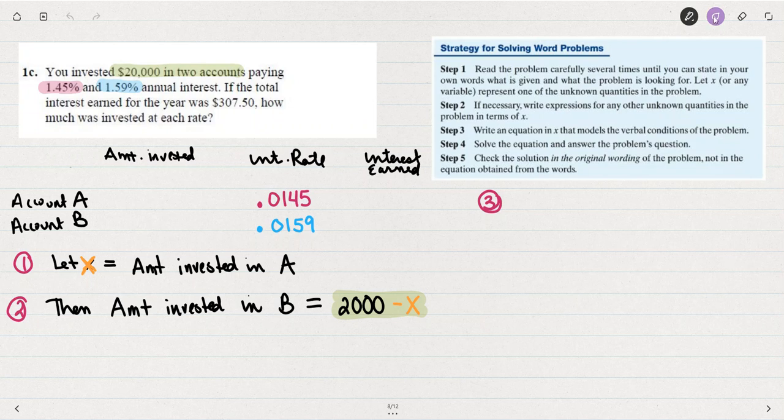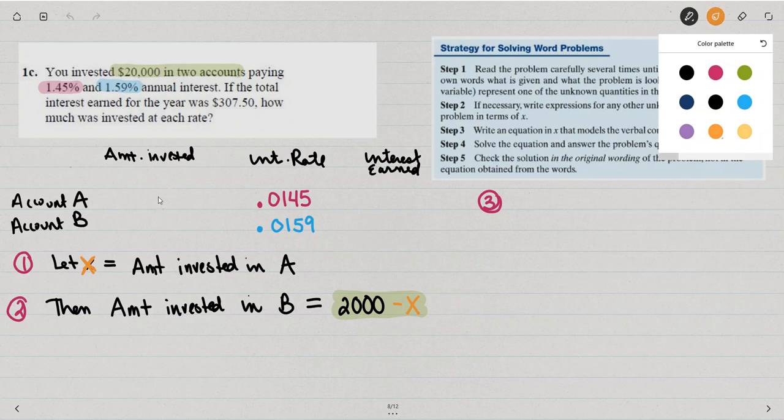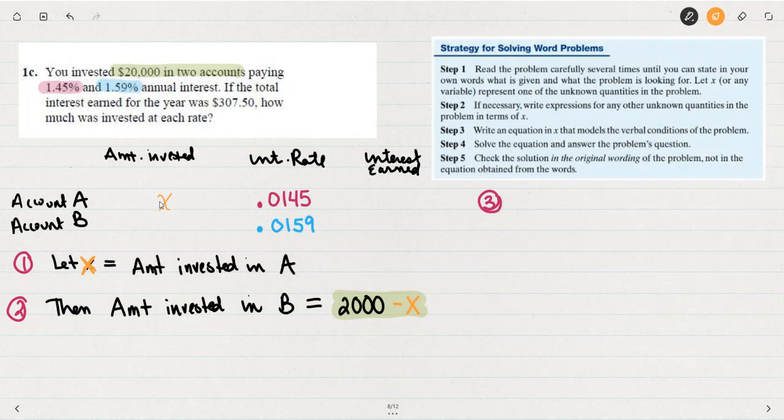Well, if we let X equal the amount that's invested in account A, then we can find how much is invested in account B by using that this $20,000 is the total invested. So $20,000, not $2,000.